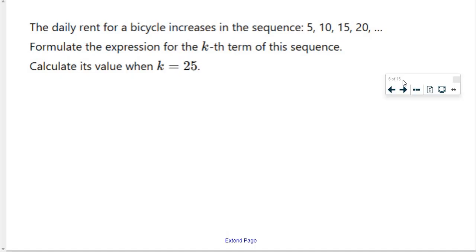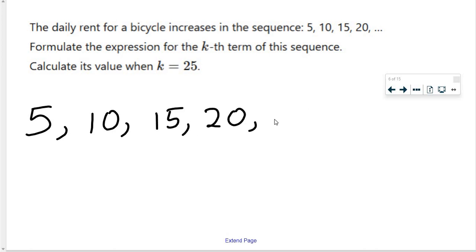This daily rent increases in the sequence of 5, 10, 15, 20, and so on. Now the question is, formulate the expression for the kth term of this sequence and calculate its value when k is 25. So we have to study this pattern.